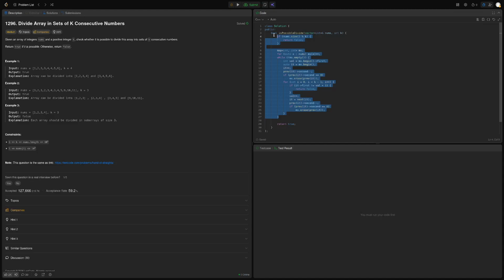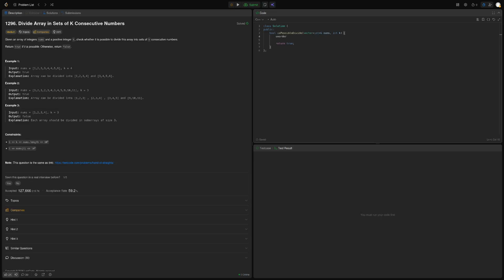Which we can find by updating the counts. So there was a nice solution in the discussion by Stefan Pochmann, which basically works like this. So we have an ordered map of counts, nums.